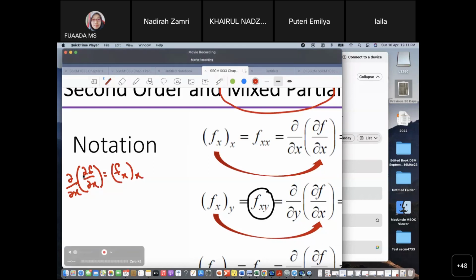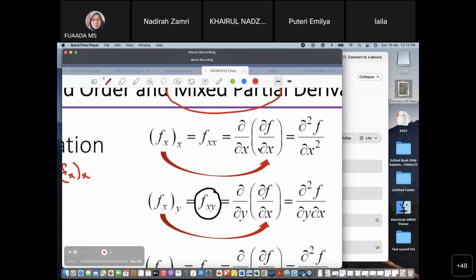So the del x is the mathematical language. But in our language, we just see the derivative of the first order derivative with respect to x, or in the simpler form you write it like this. You settle the first one fx, and then using that recent form, you differentiate again with respect to x.